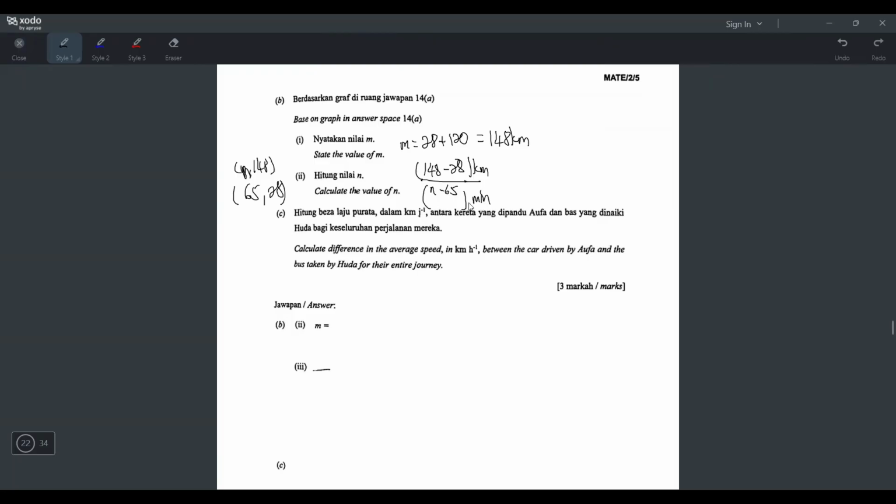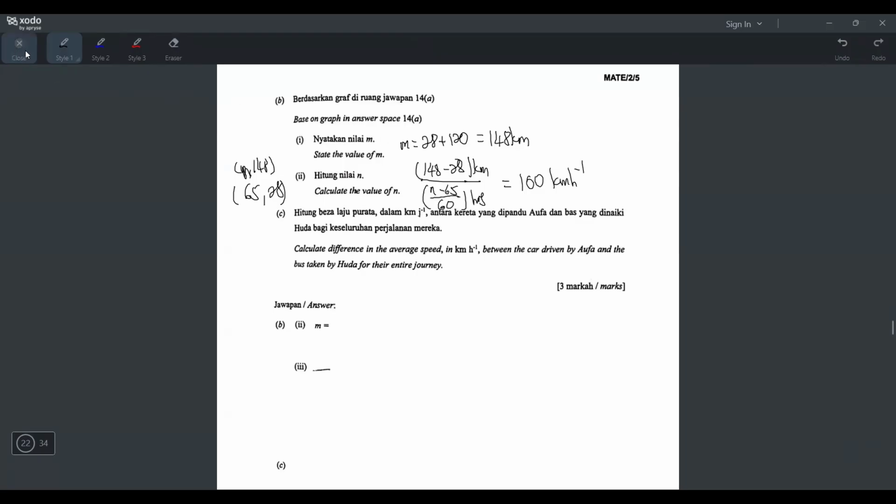If I calculate like this, I cannot equate it to 100, because 100 is in kilometers per hour. So I have to make sure this is in hours also. So I will divide by 60 here, then this minute becomes hours. That's how you convert minutes to hours: you divide by 60. But make sure you put brackets nicely.